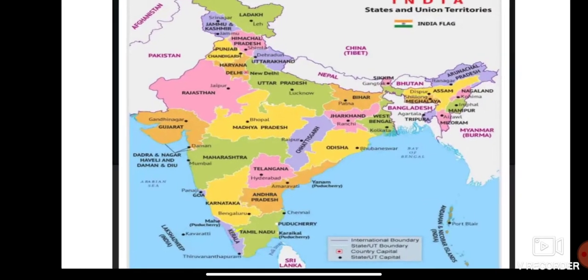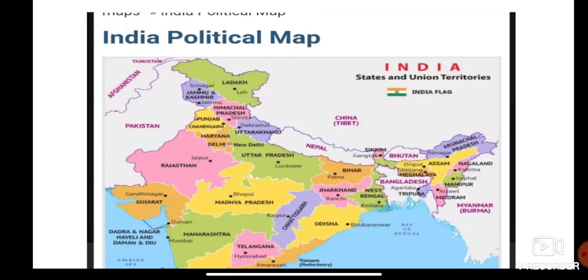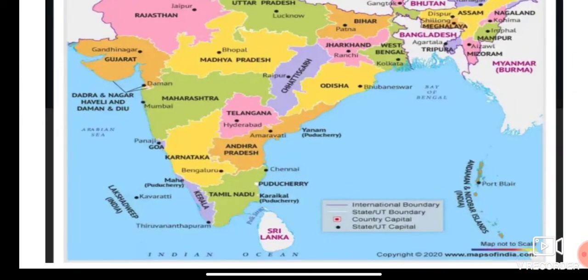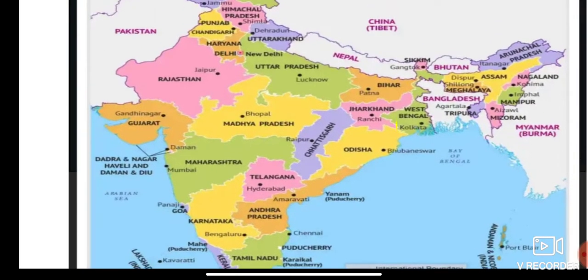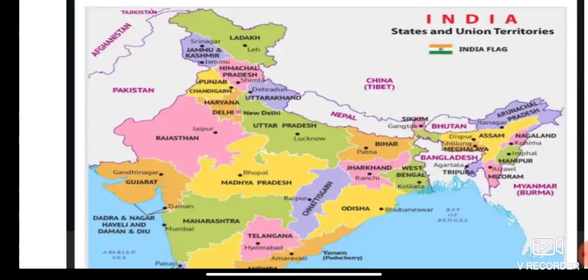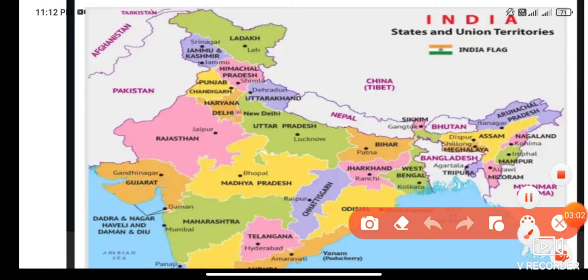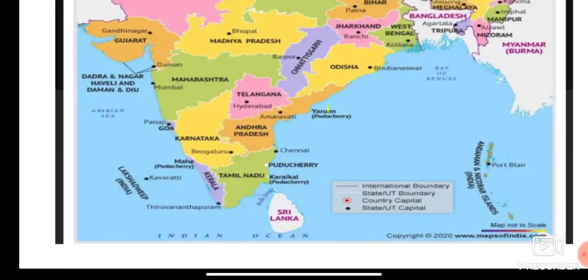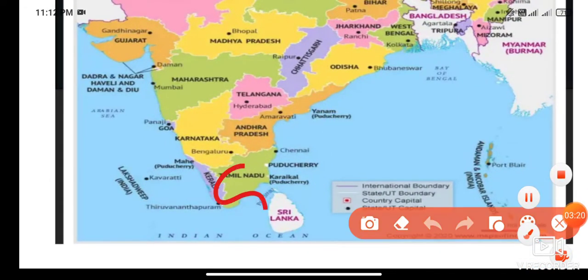Now please see the given picture. This is an Indian political map. Please look at it carefully. We are living in this part of India. This is northeastern India, North India, Central India, West India, and the last one is South India.